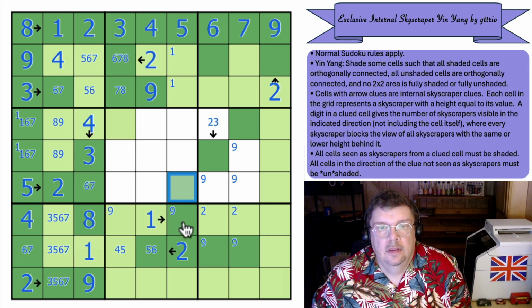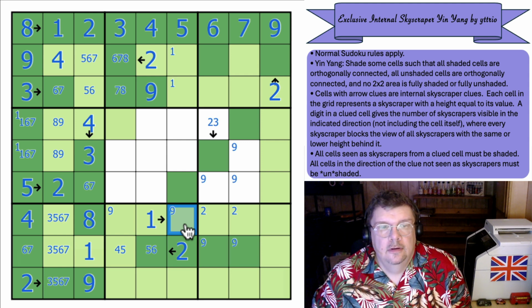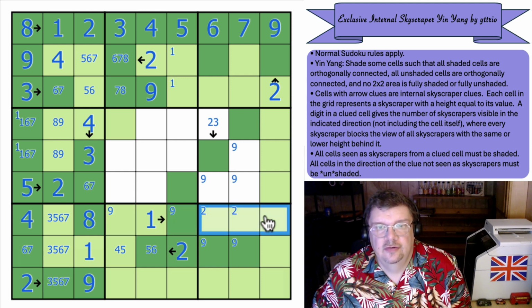Now, that doesn't have to be a 9, because the 9 could be here, and that's just some digit that's larger than all of these.